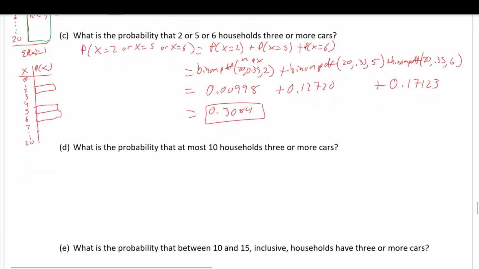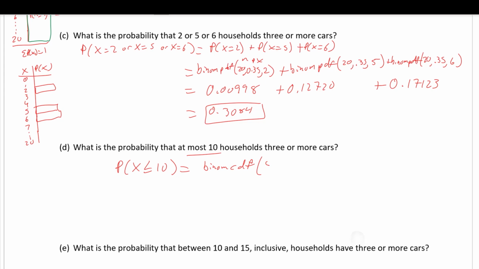All right, we have 2 more. What's the probability that at most 10 households have 3 or more cars? At most. So X is at most 10, that's less than or equal to 10. All right, this is basically an easy one. That's just binomial CDF, right? Nothing crazy there. You want to be able to recognize less than or equal to is just binomial CDF, and then equal is binomial PDF.